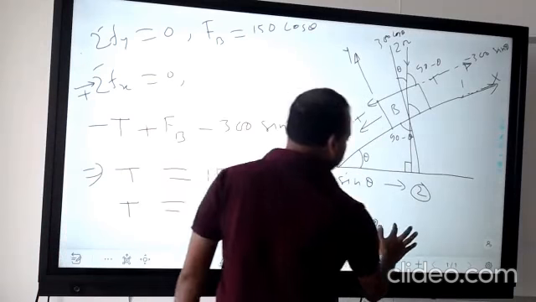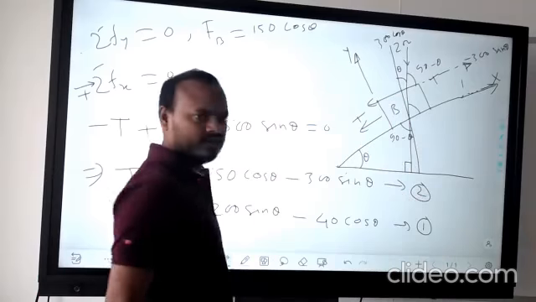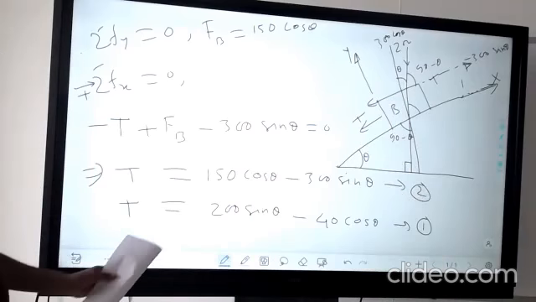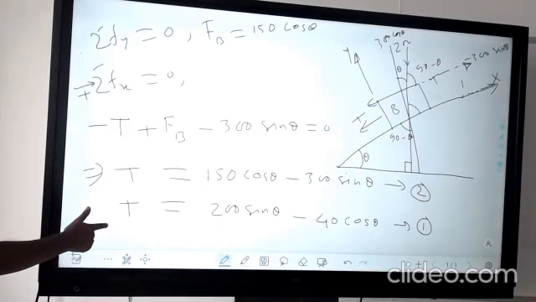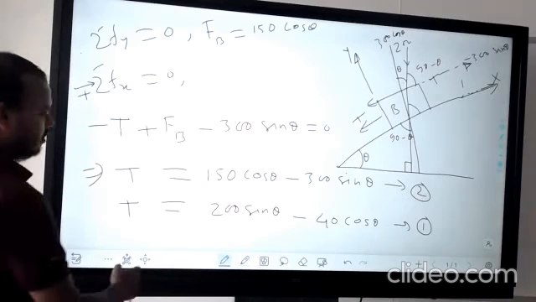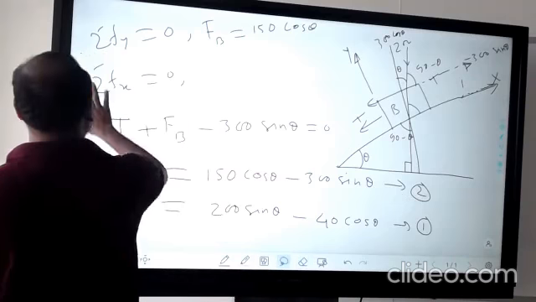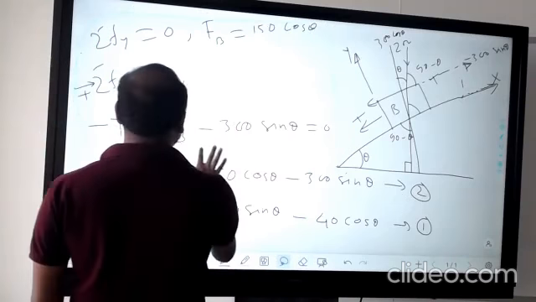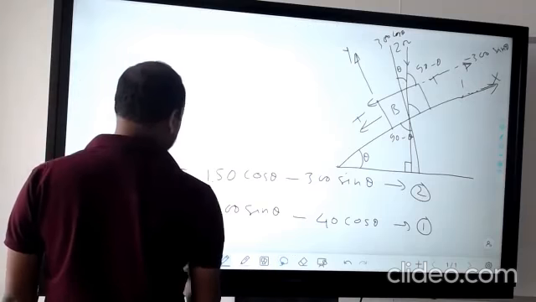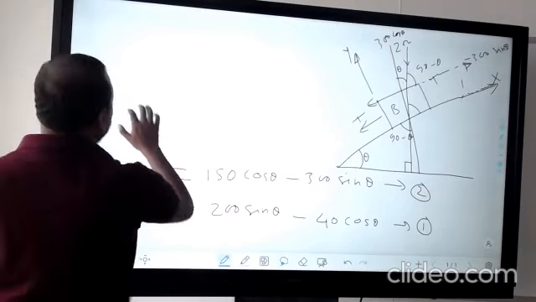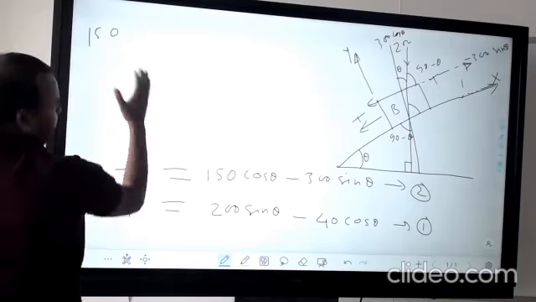Let's say this is our equation number 1. Clear? Because this is only t, this is only t, equate 1 and 2, then you will find it's so easy now. Now we will equate this t. So 150, I am taking cos theta to that side, okay?